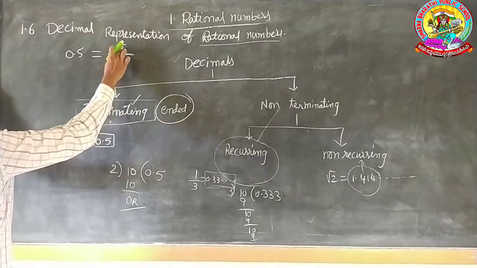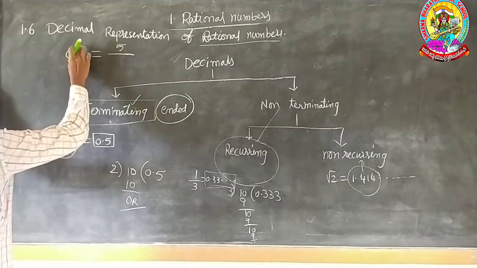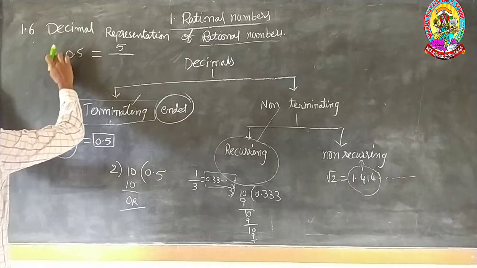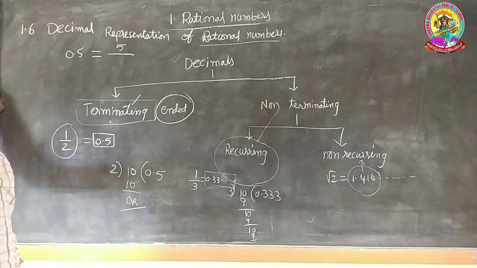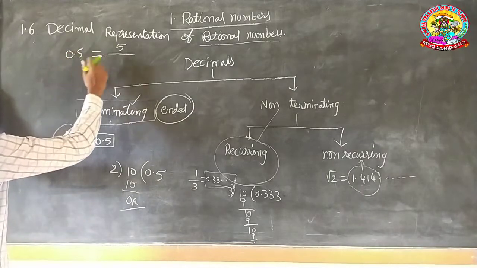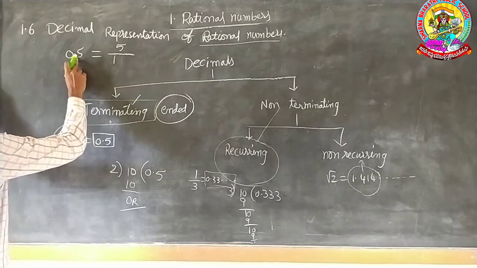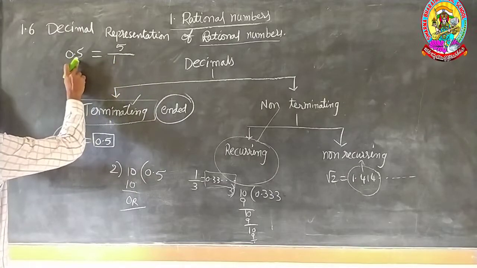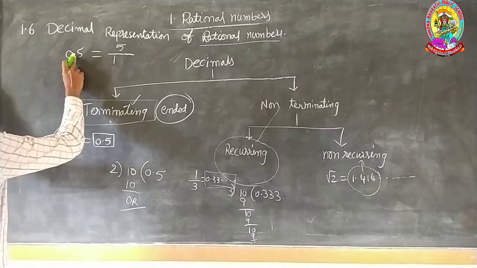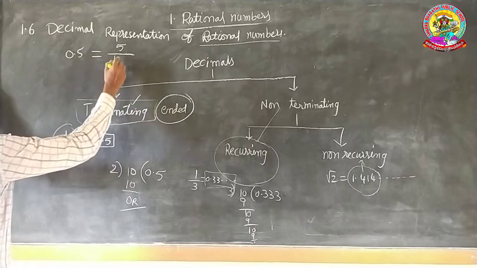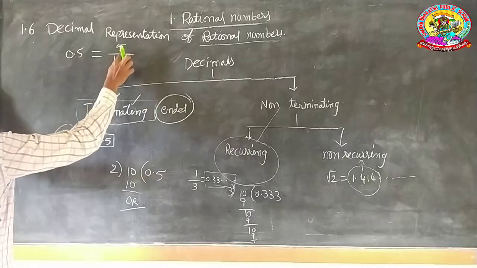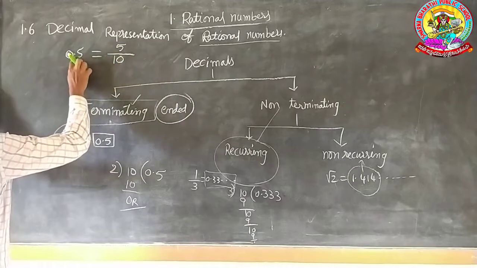After that, write as many zeros after 1 as there are decimal places, because here after the decimal point there is only one place, so keep 10. So 5/10 is the fraction form.